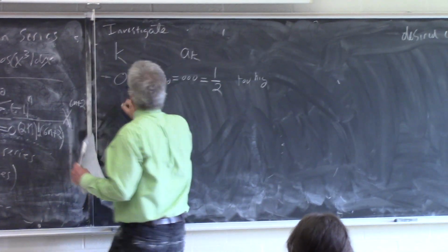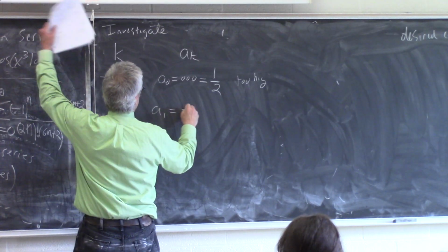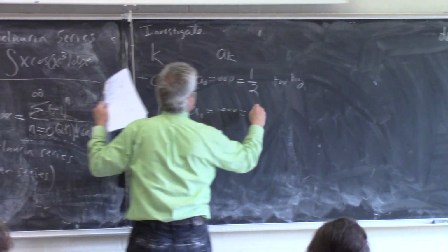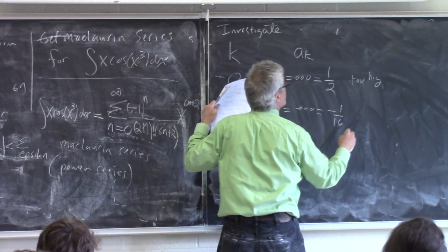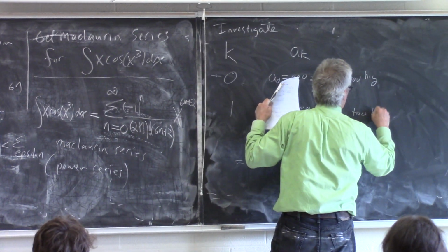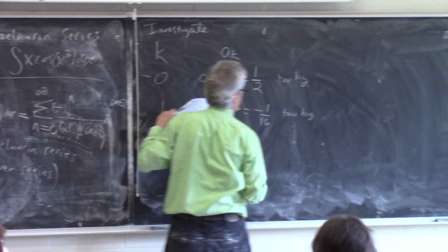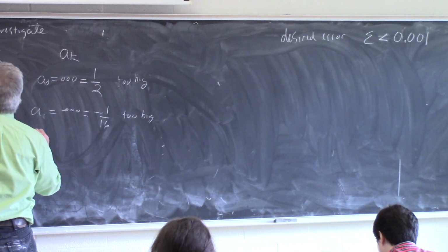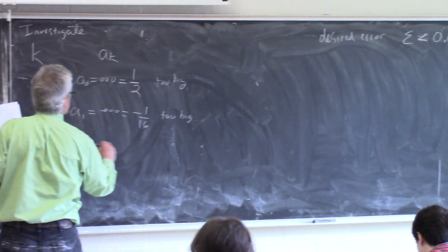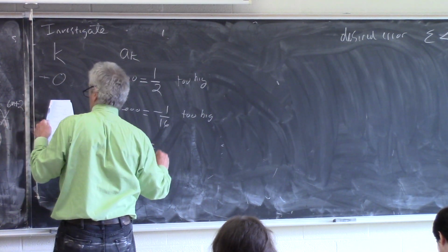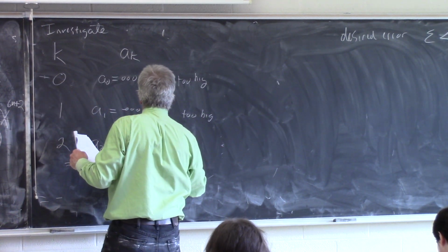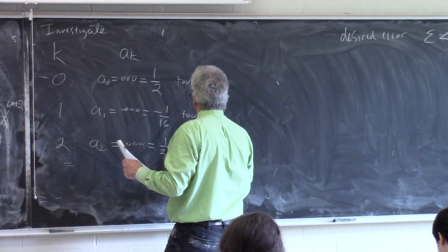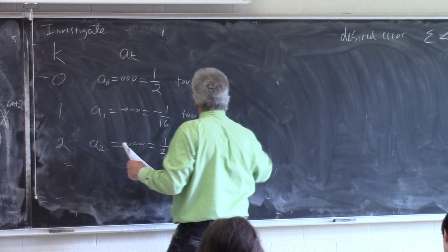Let's look at K equals 1. A1 is going to be, if I go through all the steps, minus 1/16. That's bigger than that error bound. Let's look at when K is 2. A2 is going to be 1/336, and that's roughly 0.003. That's too big.